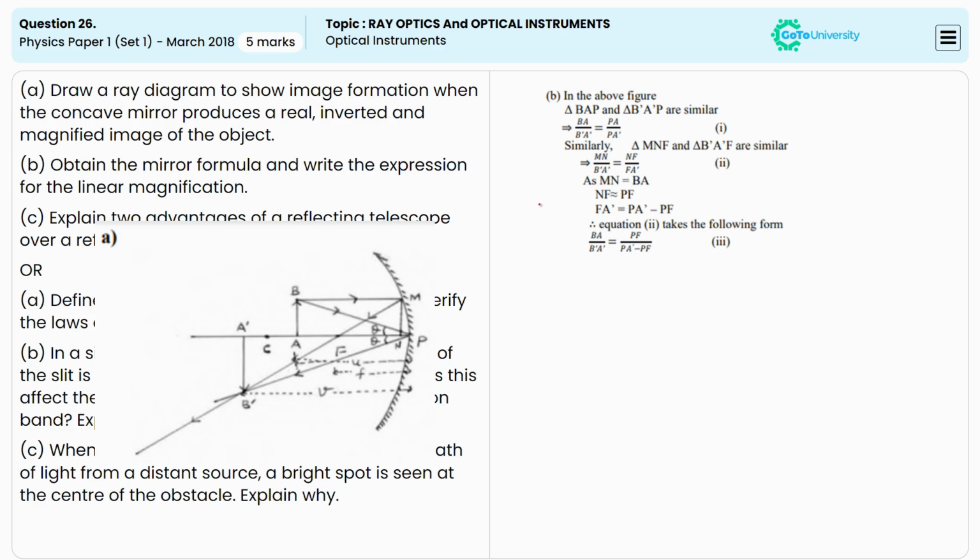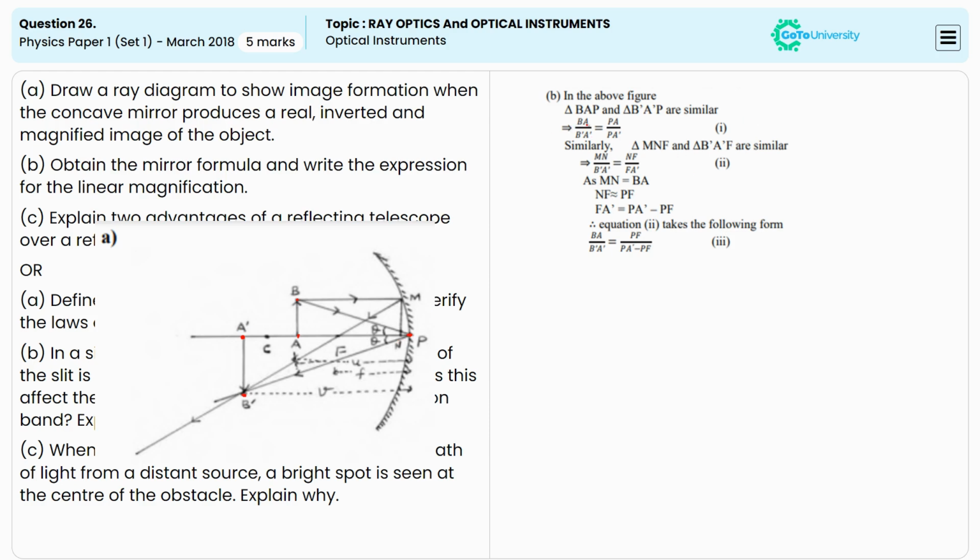In the above figure, triangle BAP and triangle B'A'P are similar.